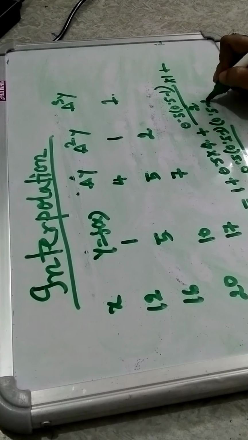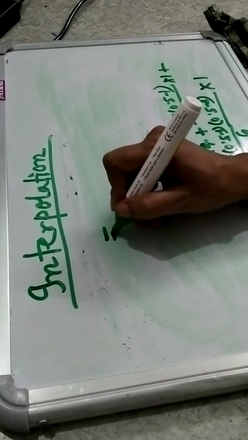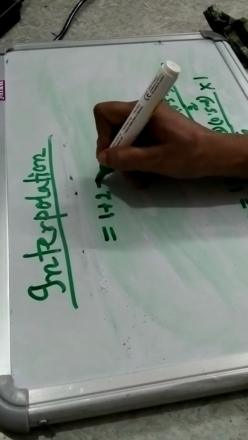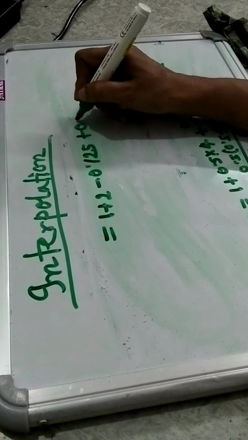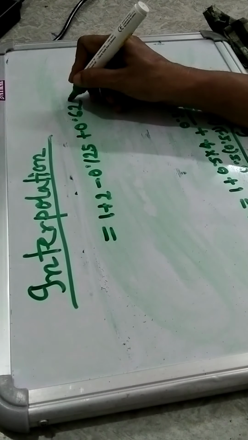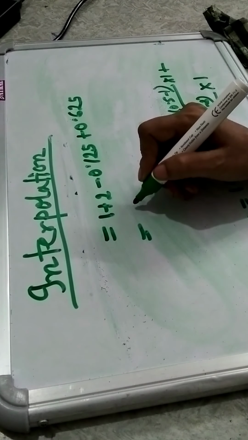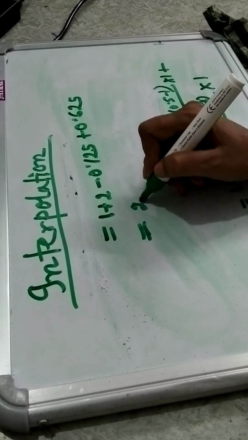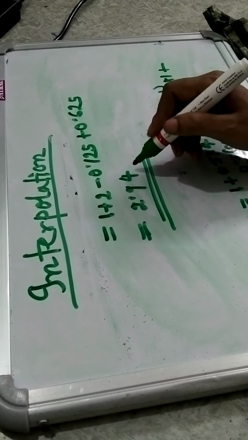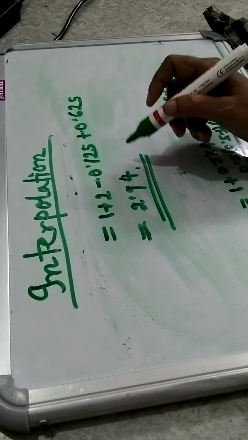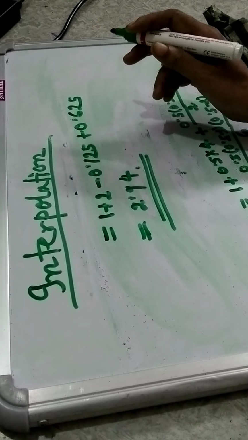Now, after calculation, we get 1 plus 2 minus 0.125 plus 0.625, and our answer is 2.94. This is the interpolated value for f(14). Okay. Thank you.